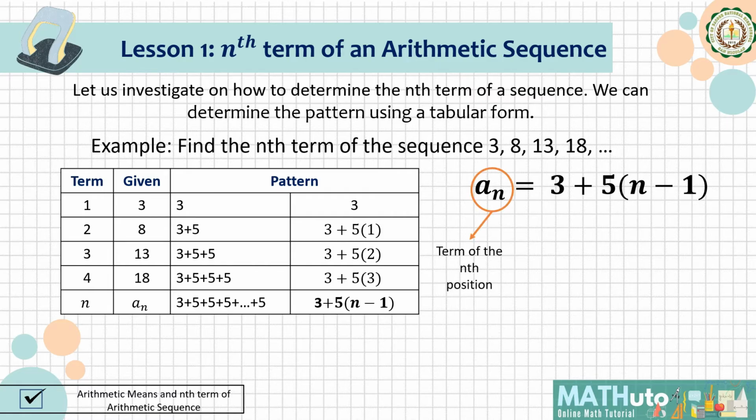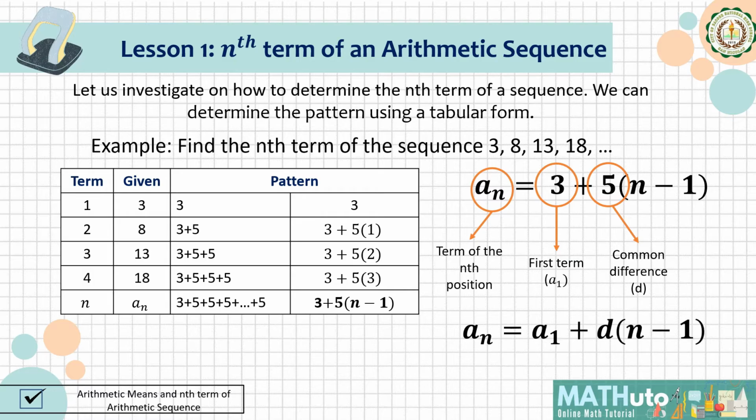Taking a look, a sub n is the term at the nth position, 3 is our first term, and 5 is our common difference. Therefore, we can say that a sub n is equal to a sub 1 plus d times n minus 1, and that is the formula for our arithmetic sequence.